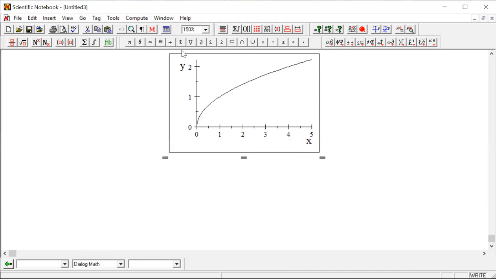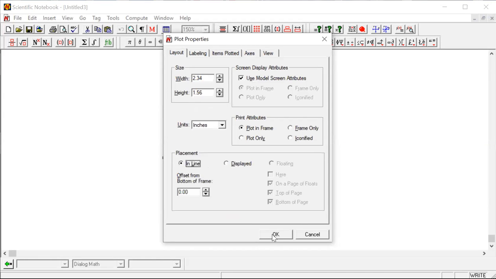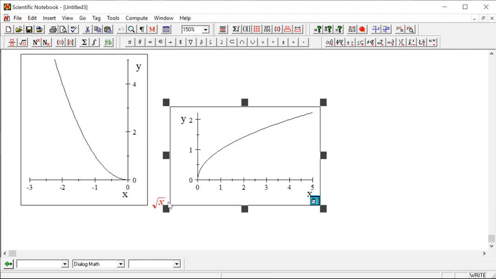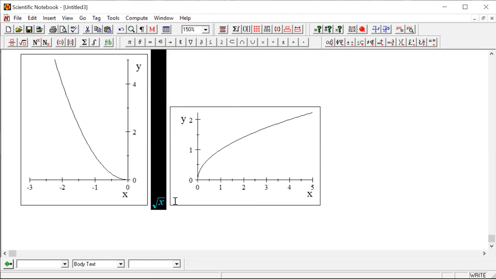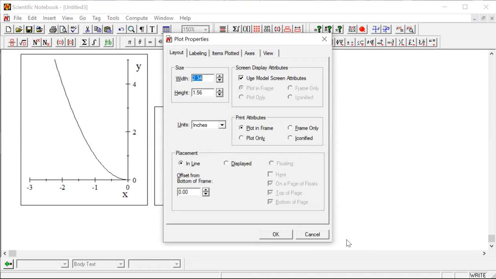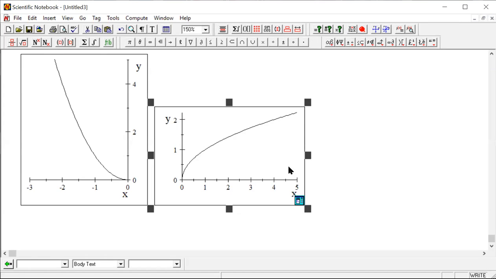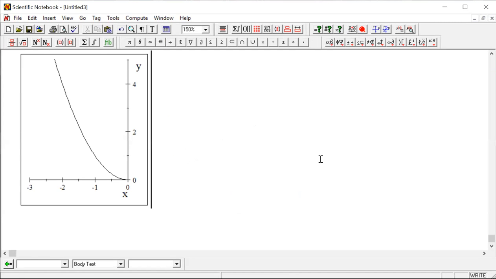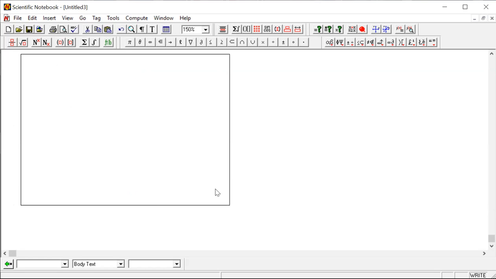I'll put them next to each other and make their scales comparable, or I can graph it on the same picture. So this might be easier. I have to do some cutting.